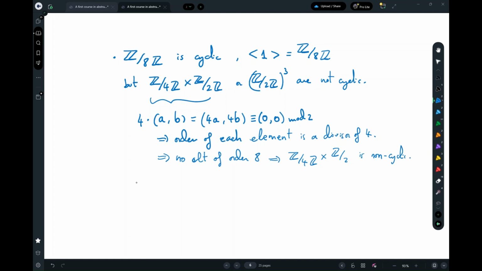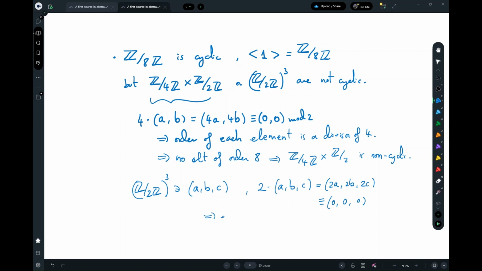Similarly, for Z modulo 2 cubed, if I have something in here, it will be something like a triple ABC, and twice any of those triples will be 2A, 2B, 2C, which is congruent to 0, 0, 0.